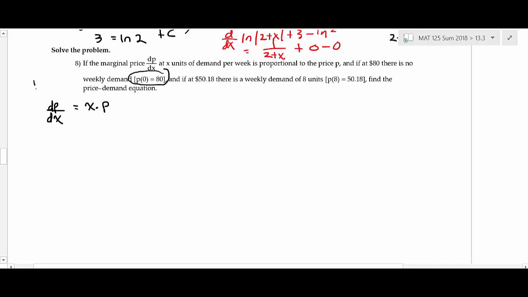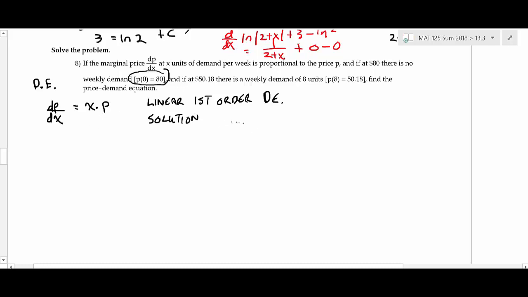So that's the differential equation that we're going to solve. Well, this is what we call a linear first order differential equation. You don't have to know this terminology. Its solution is a little different on this one. You don't just integrate both sides.